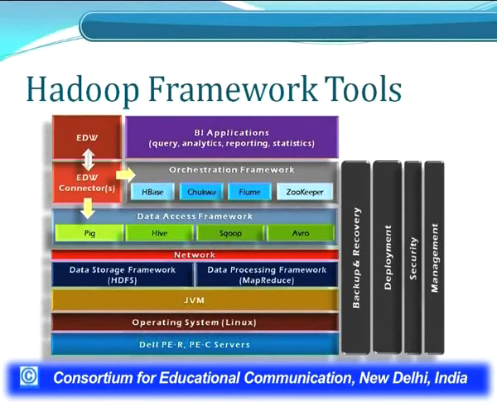So the Hadoop framework tools are here, and you can understand how they work: the operating system Linux, the data storage framework, the data processing framework MapReduce, and the data access framework have been defined here. This is the framework of the Hadoop tools, where backup recovery, deployment, security and management are going to be there.